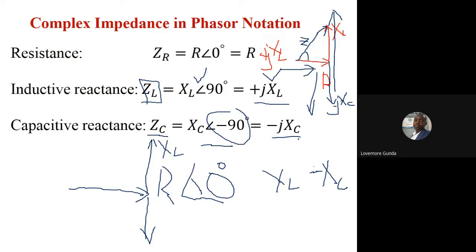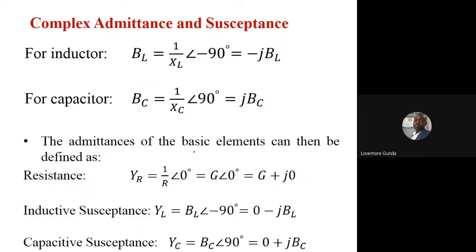This is the most basic thing that you have to understand, that if you have capacitive reactance, then you know that it's going down. Inductive reactance, it's going what? It's going up. Okay? Then resistances are always on the real axis. Then we also talk about admittance and susceptance. Okay?